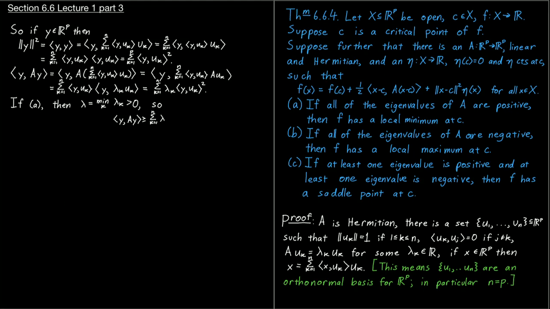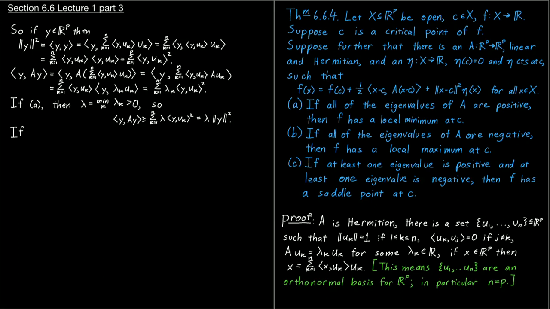We can replace the lambda k by a lambda. The inner product of y with uk, squared, is the square of a real number, so it's of course non-negative. And then we note from before, hey, you can pull the lambda out of the sum, and that's exactly lambda times the norm of y squared.